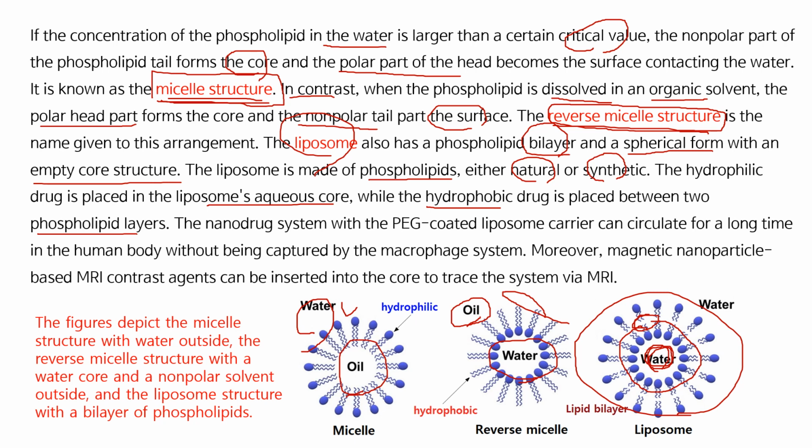The nanodrug system with the PEG-coated liposome carrier can circulate for a long time in the human body without being captured by the macrophage system. Moreover, magnetic nanoparticle-based MRI contrast agents can be inserted into the core to trace the system via MRI. So we can put the magnetic nanoparticle-based MRI contrast agent here and here.